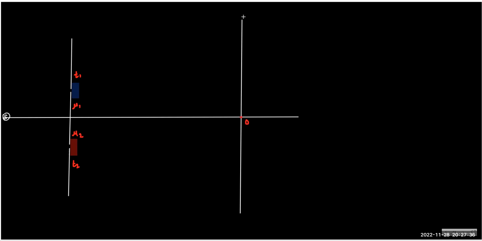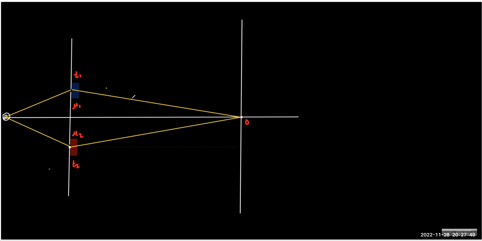We know that while going to O, the path will grow above also, below also. This will grow this much, and this will grow this much. And you can just add the condition for the direction of shift of the fringe pattern.